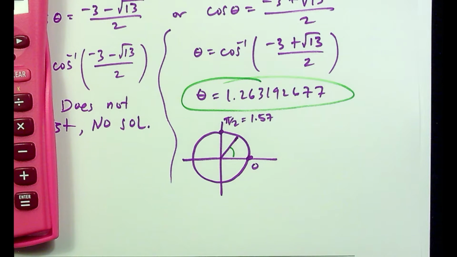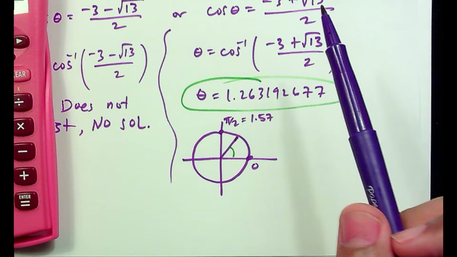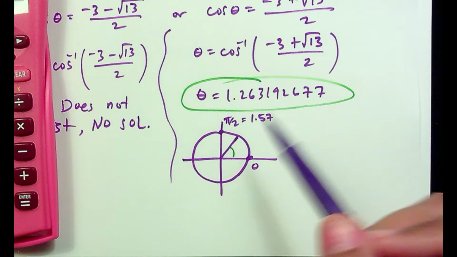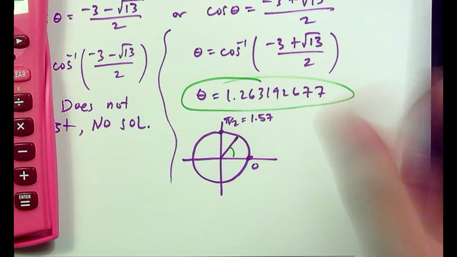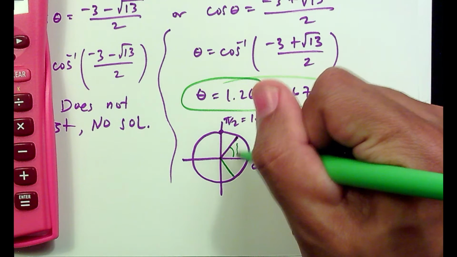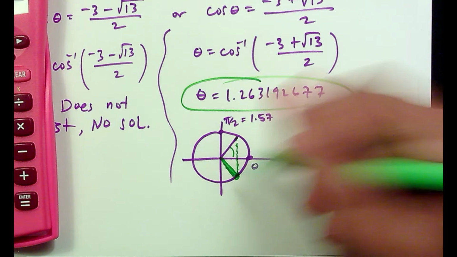The second one, since we're dealing with cosine, and cosine has to do with the x coordinate, we want another angle that has the same x coordinate. Another angle that has the same x coordinate would be right here, this one.